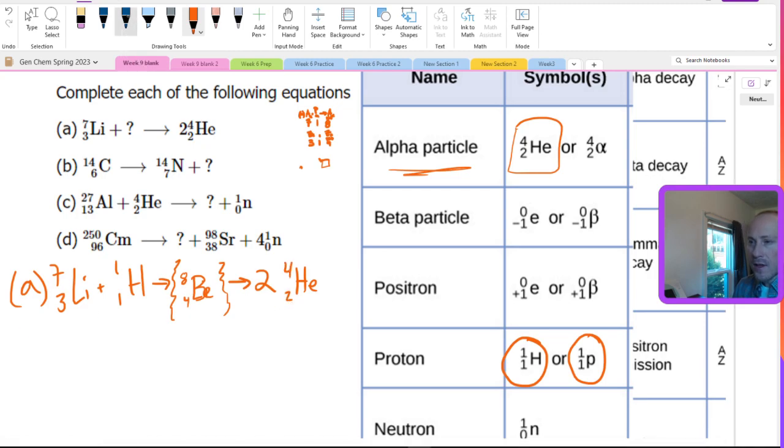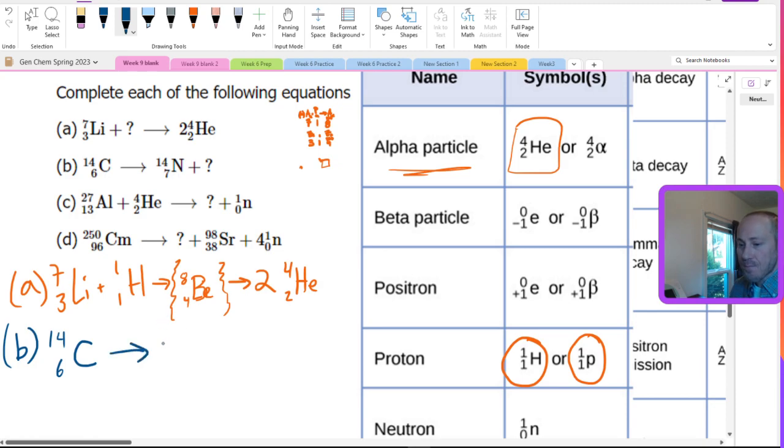Okay, let's do B. Carbon 14, the radioactive one from the previous problem. So our A on the left is 14. Our Z on the left is 6. Oh, so our mass is already taken care of. So whatever our question mark here is, we don't want it to change the mass.